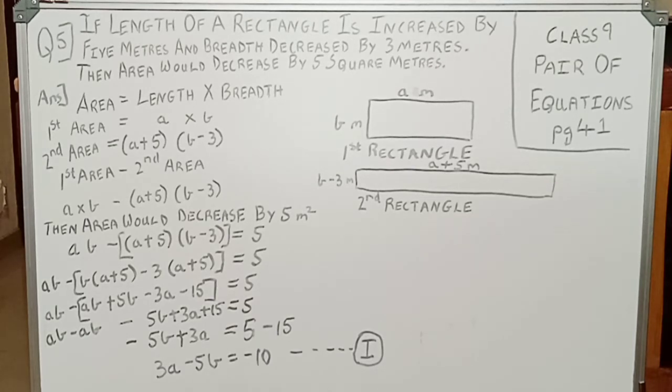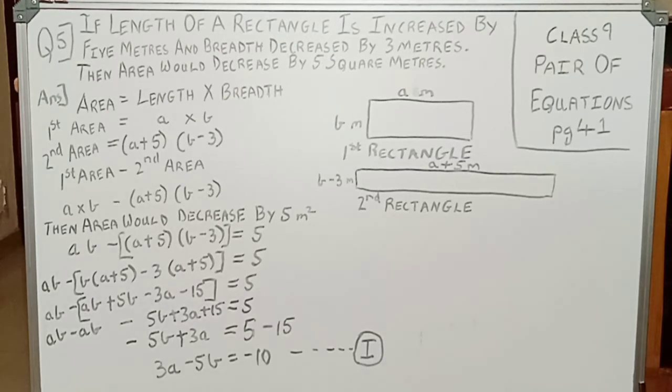You are aware about the formula. Area of the rectangle is length into breadth. So the area of the first rectangle would be length into breadth, a into b.